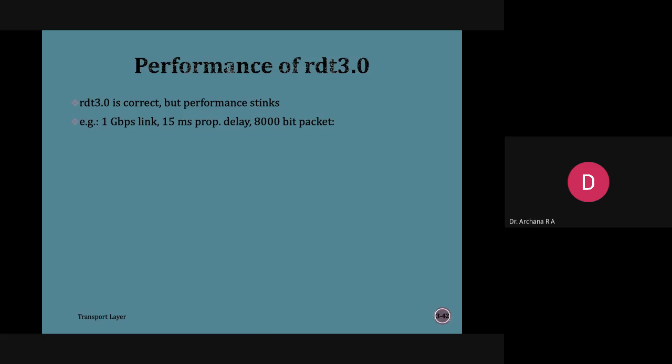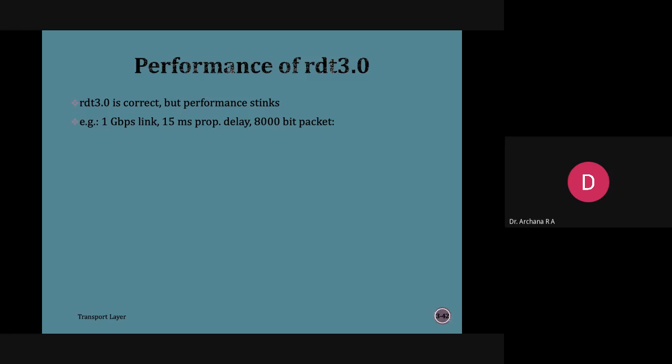By explaining one particular example or problem, we are going to see how the performance will be reduced if you use the protocol RDT 3.0, which we can also call the stop and wait protocol. How, in the stop and wait protocol, can we see that there is a reduction in performance?